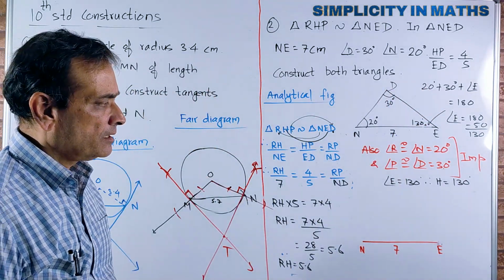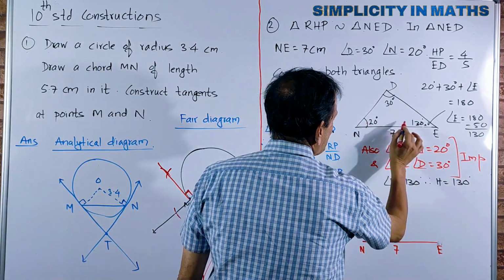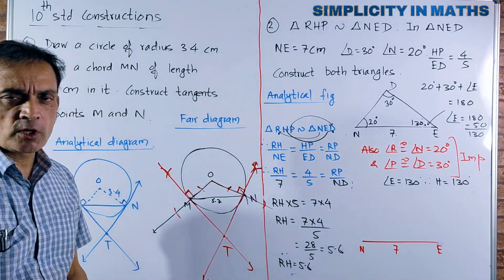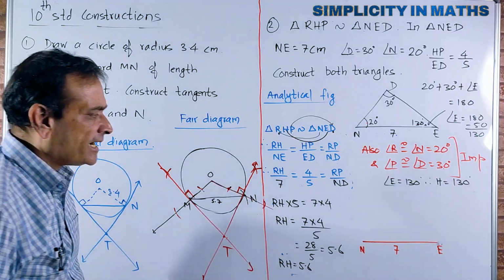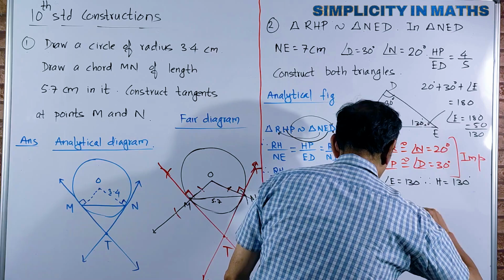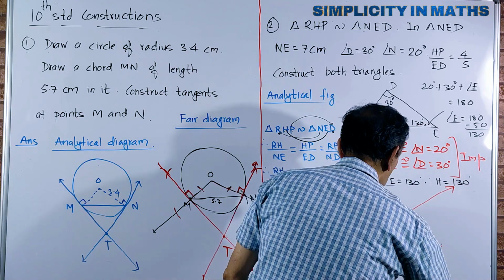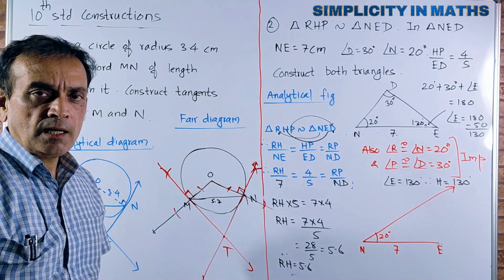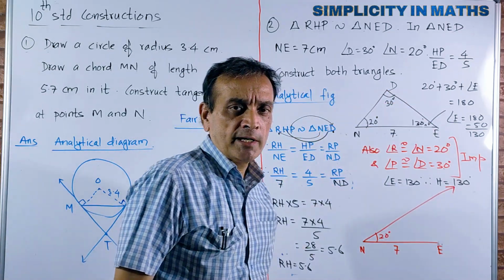It doesn't matter. But we know both the angles. If you know the base angles, sides अगर नहीं मालूम तो भी चलेगा. It's okay. Because now take a protractor. Protractor से measure exact 20 degrees. And just draw a ray. I'm repeating. Even if you do not know DN and D, don't worry about it.